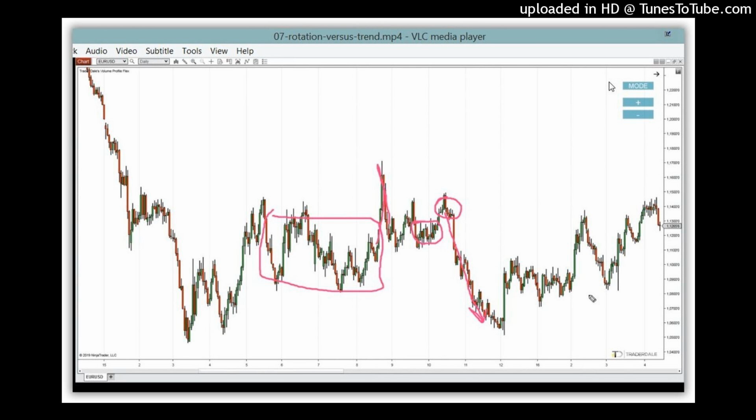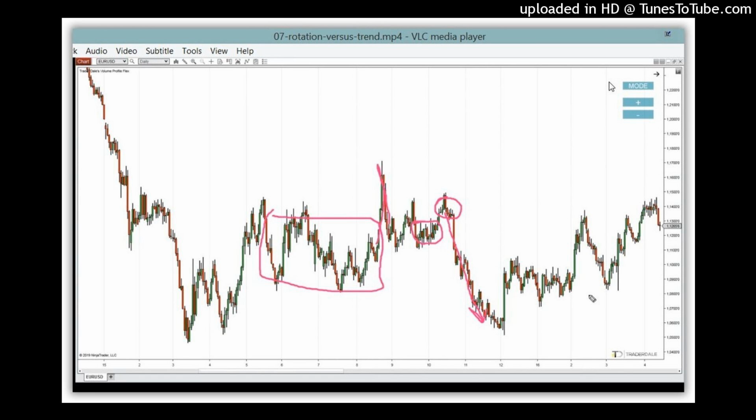Then there is a rotation and a trend. Then there is a rotation and a trend. Alright, so it's always like this.